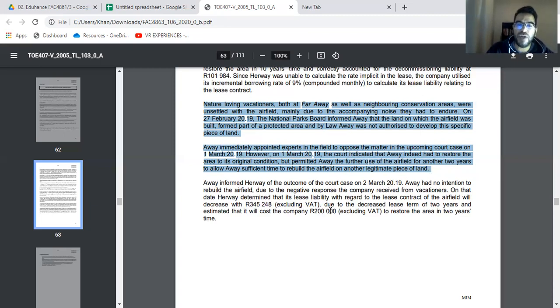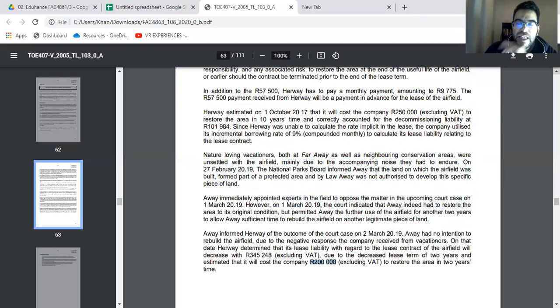What you should also know now is that there's going to be an adjustment to the decommissioning liability, because remember at initial recognition, the liability in 10 years' time was going to be 250, and the present value of that 250 is 101,984. Okay, so this 250 was going to be spent in 10 years' time.